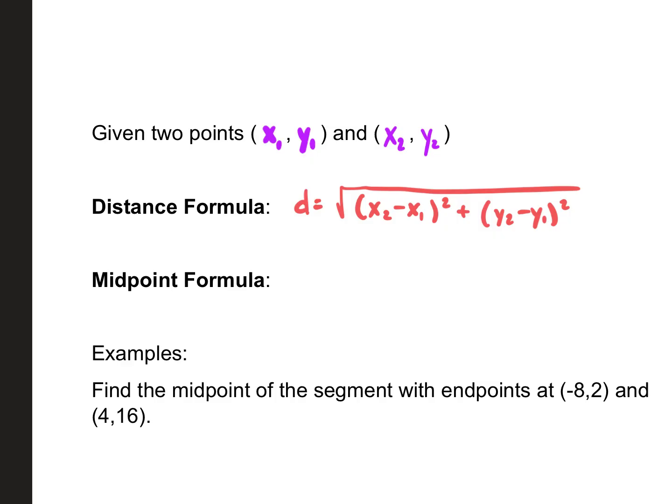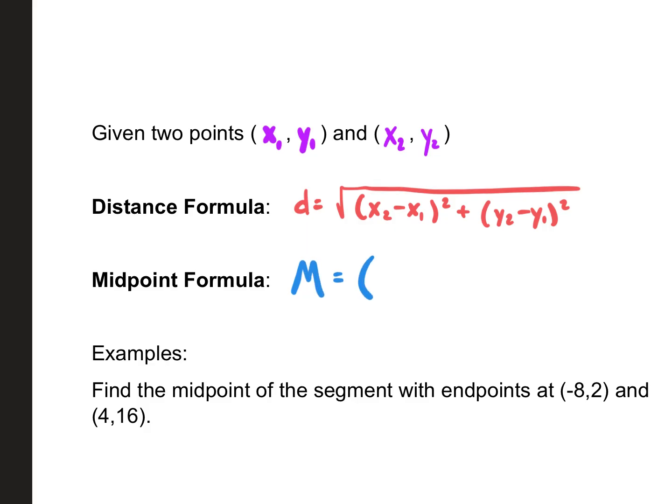And then the second formula here is the midpoint formula. So if you had a segment that had its endpoints at x1, y1 and at x2, y2, you could find where on the actual coordinate plane, what location, what coordinate would the midpoint be for that segment. And that is calculated by capital M being the midpoint.